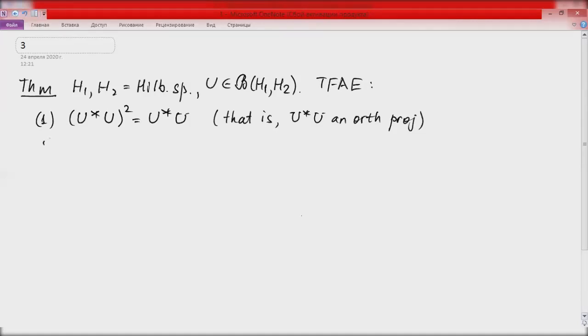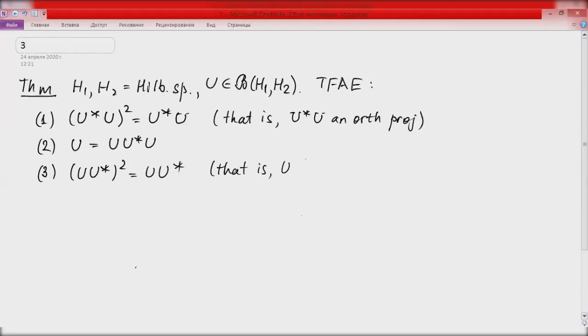Condition 2: U equals U U star U. Condition 3: U star U is an orthogonal projection.